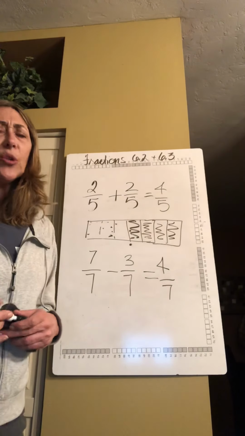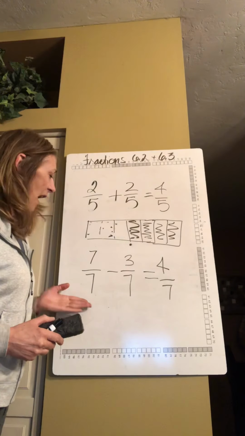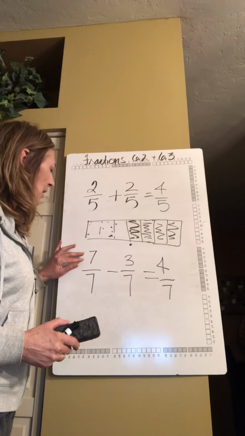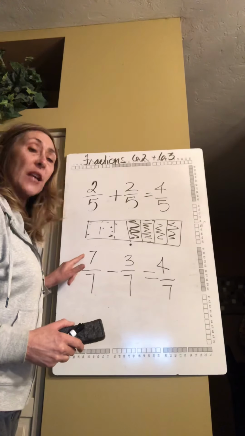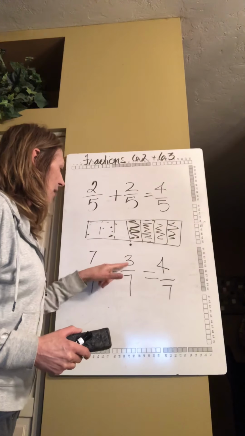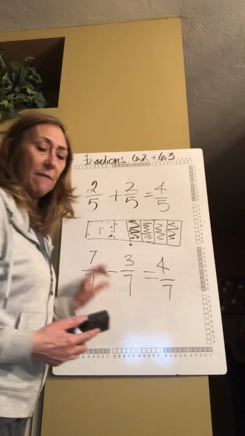So remember, when you're doing fractions with a common or same denominator, that denominator stays the same, and I'm just subtracting my numerator, my pieces. I had 7 and I took 3 of them away. So it's 4/7.